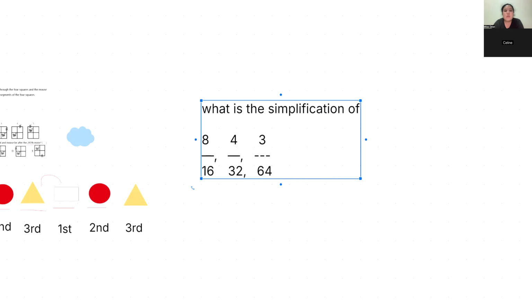It's very simple. You just need to find the same denominator, and then you can divide them. So you're gonna find the very small part of this fraction. All right, yeah, you can try.